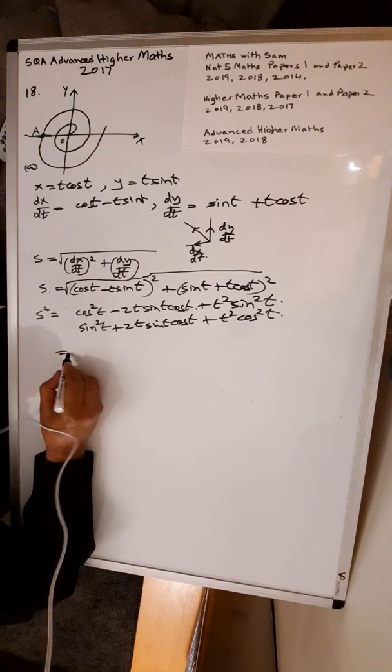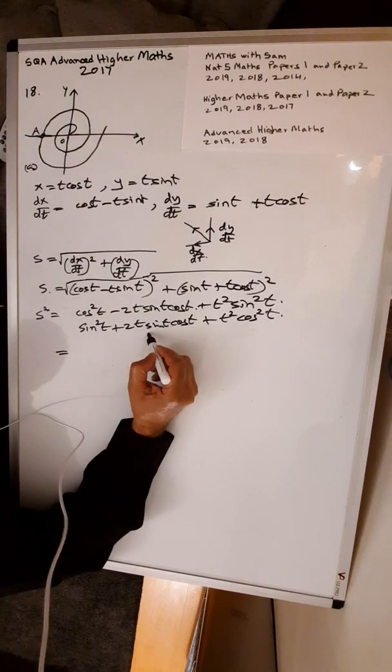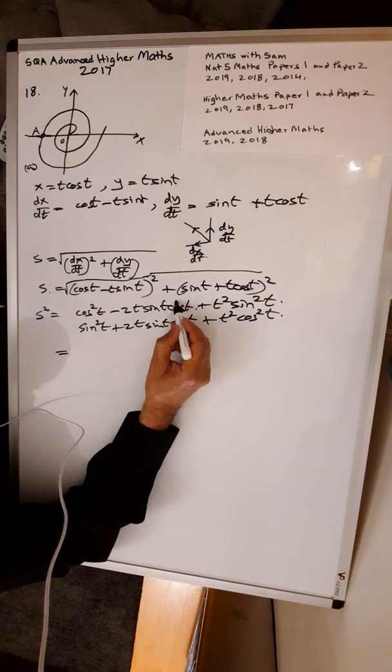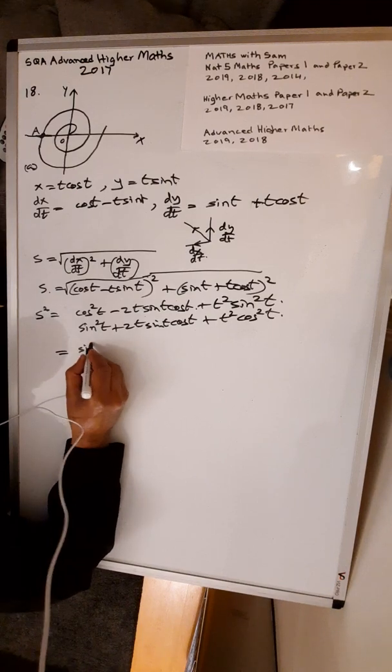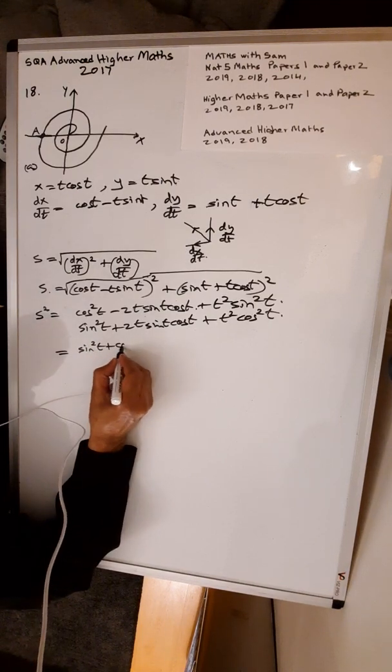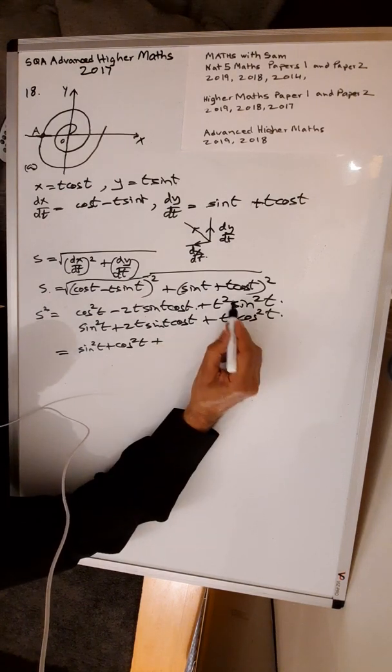Now if you're bringing all of these together, so the minus 2t sin t cos t plus 2t sin t cos t, that disappears, and you're left with sin squared t plus cos squared t, and over here you can take t squared out as a common factor.